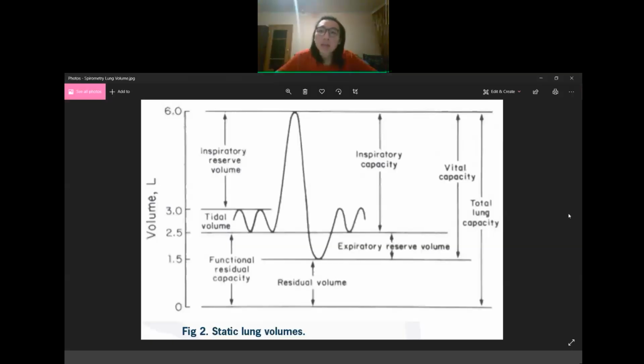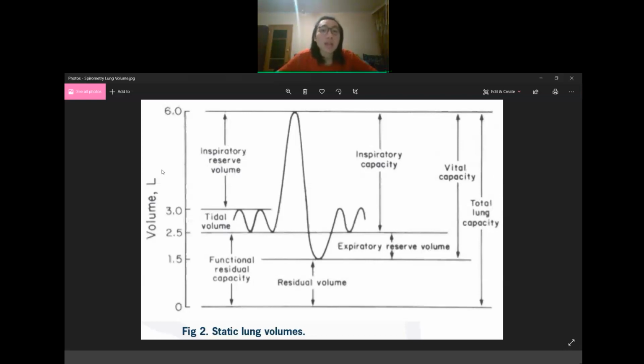Okay, before we move on, I want just to do a little math. So you see here total lung capacity, right? If you want to find vital capacity, you can find it by subtracting residual volume from total lung capacity, right?